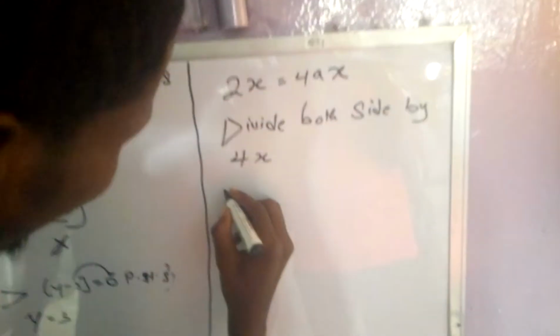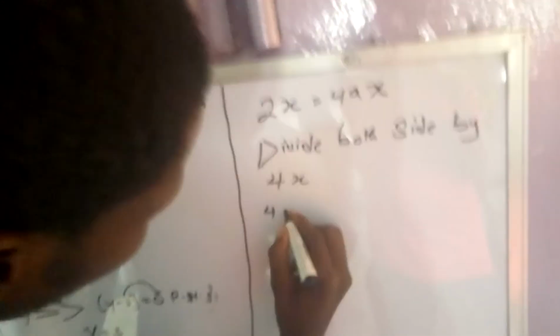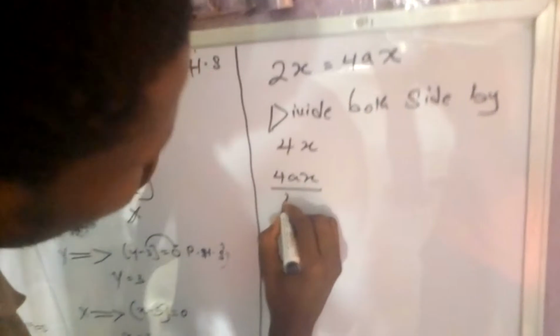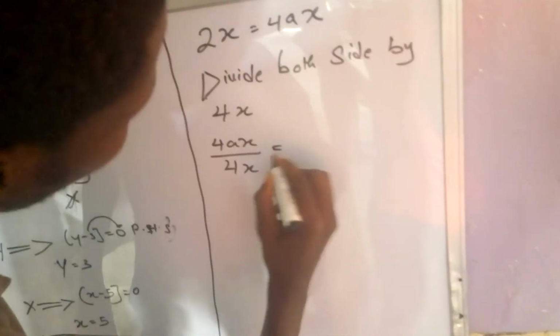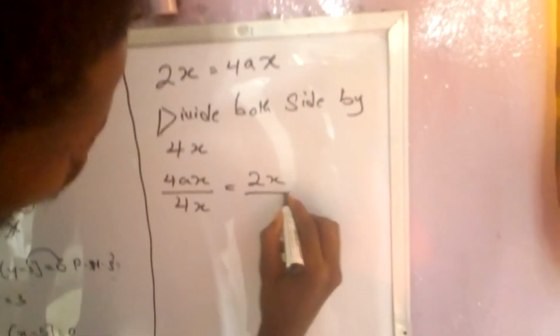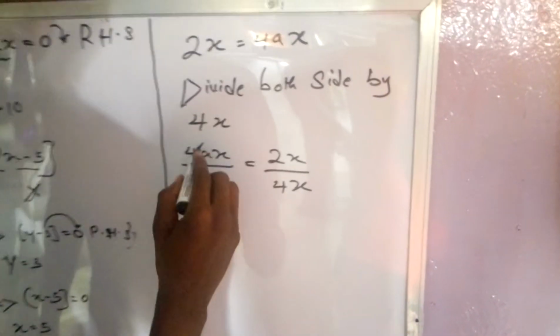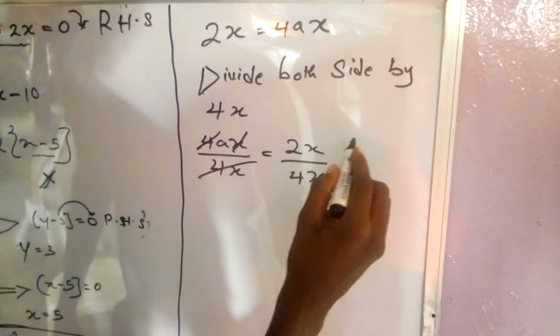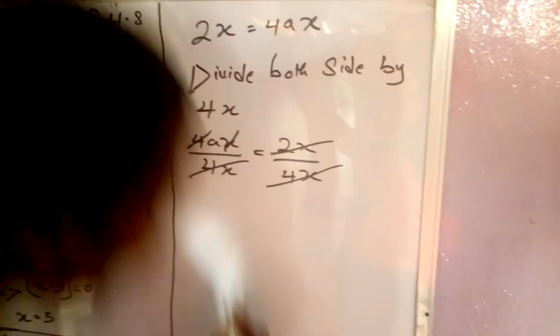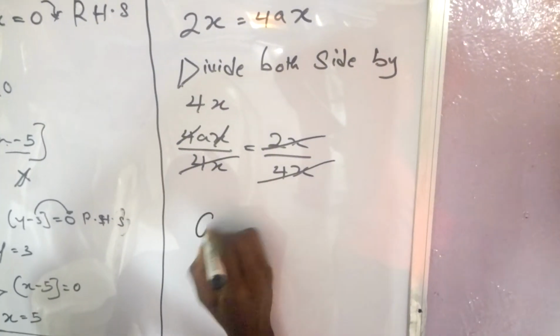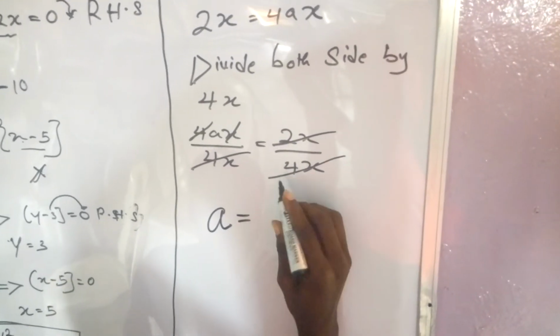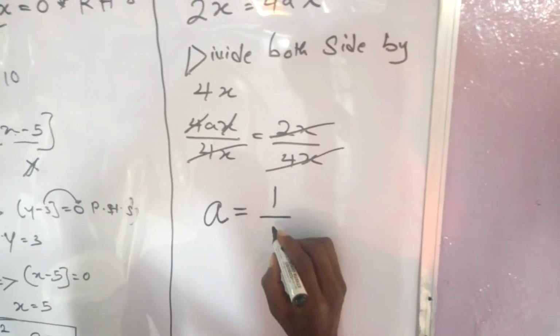That means you are going to have 4aX over 4X equals 2X over 4X. Then this cancels, this cancels, so you are going to have a = 1 over 2.